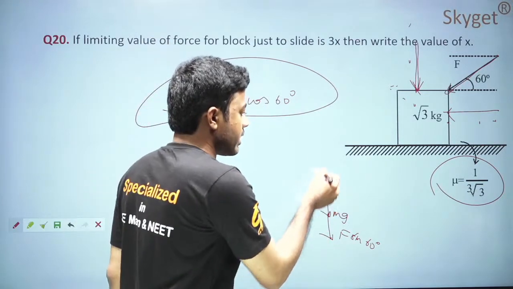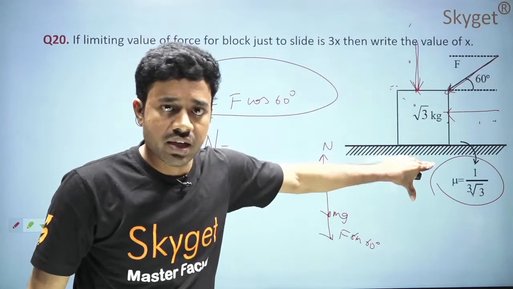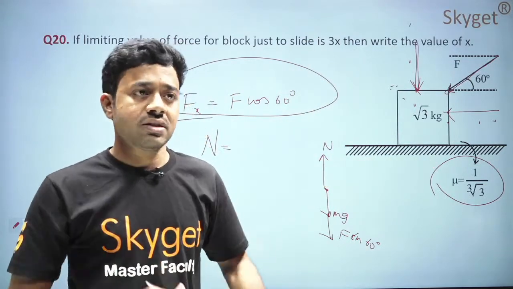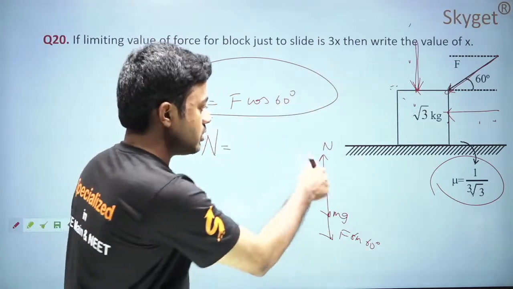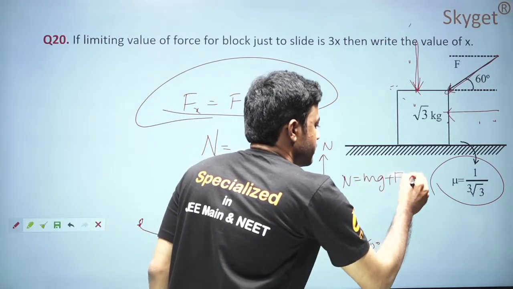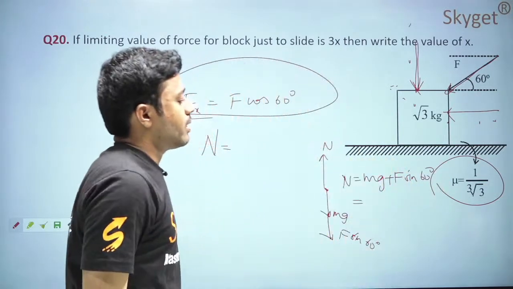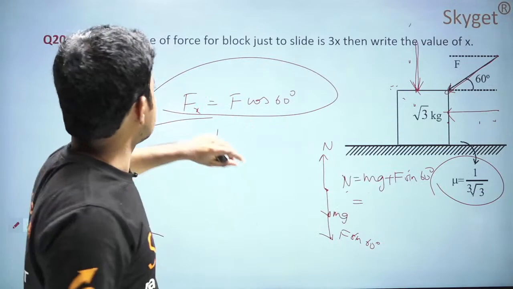The normal reaction would act upwards. The body is not moving in the vertical direction, so the body is balanced in the vertical direction. So you can write N is equal to mg plus F sin 60 degrees. So this is the value of the normal reaction.